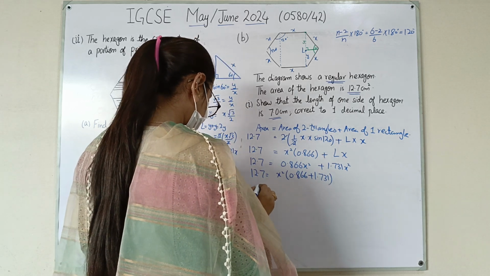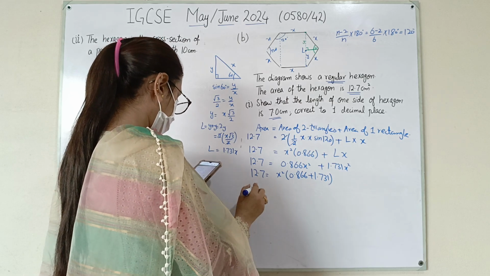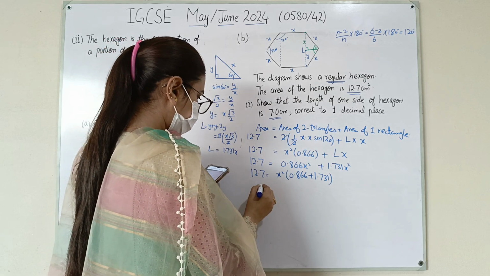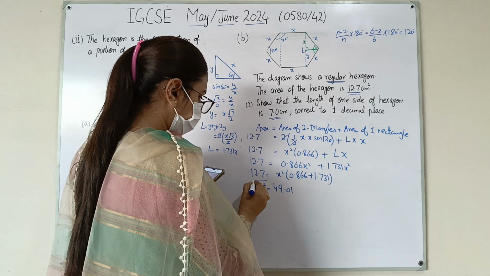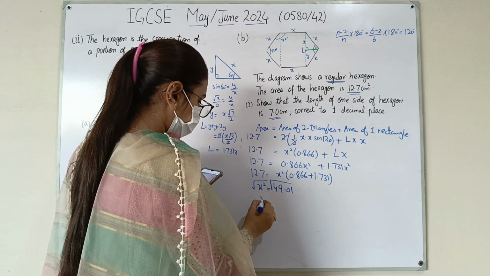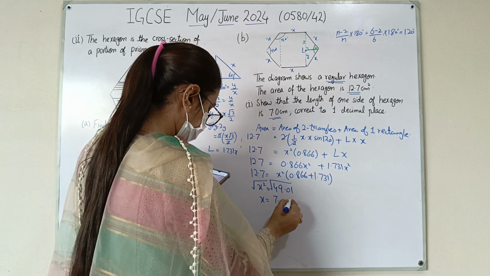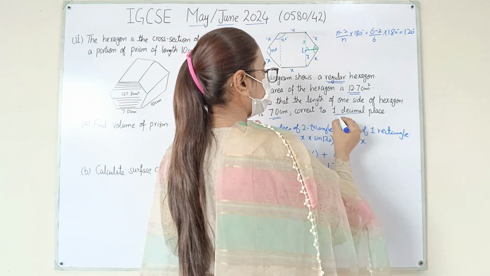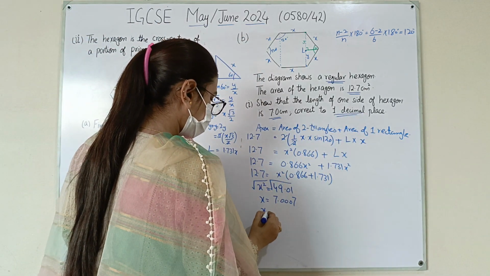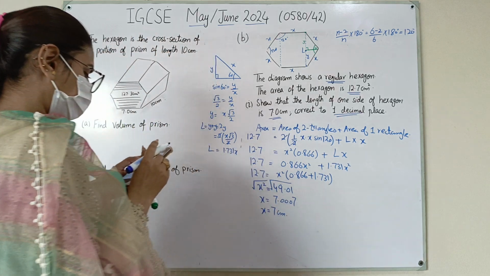After solving it and dividing by 2.597, you will get x square to be 49.01. Now take the square root on both sides, so x will be 7.007, but you have to calculate it up to one decimal place, so x is equal to 7 centimeters. This was actually the question.